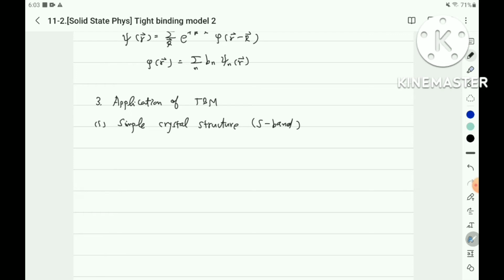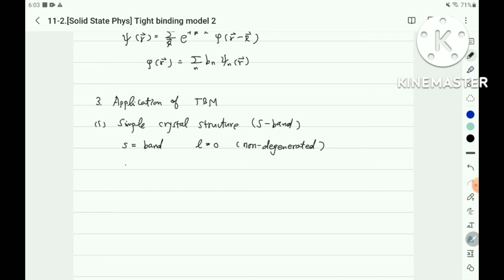And S-band means that the orbital angular momentum L equals 0, and it is non-degenerate because of a single energy occupancy.